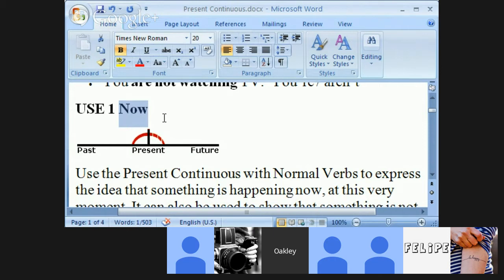So when we describe a picture, we also use basically this same use of present continuous. In the picture, the man is sitting on the park bench. He is feeding the birds.